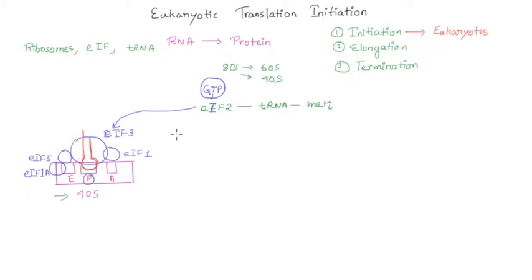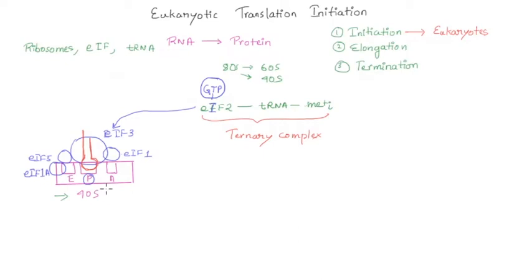And one more thing, when this EIF2 is in GTP bound form and it is bound to the initiator tRNA, this whole complex is referred to as the ternary complex. This brings in the initiator tRNA or the MET-tRNA-I onto the P site of the 40S.